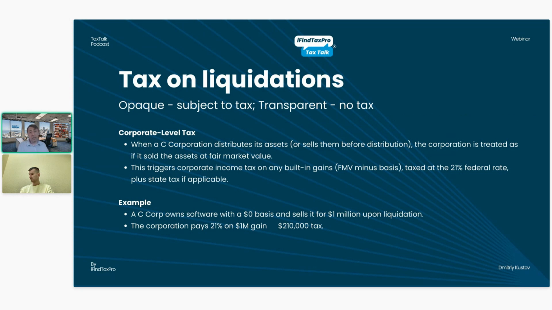Okay, so another problem with opaque entities, and I think that everybody should very, very carefully listen to this one. The big problem is tax on liquidations. Literally, today is a good day: you put in your IP, you try to raise investments, you put in everything that you've worked on for the previous few years.